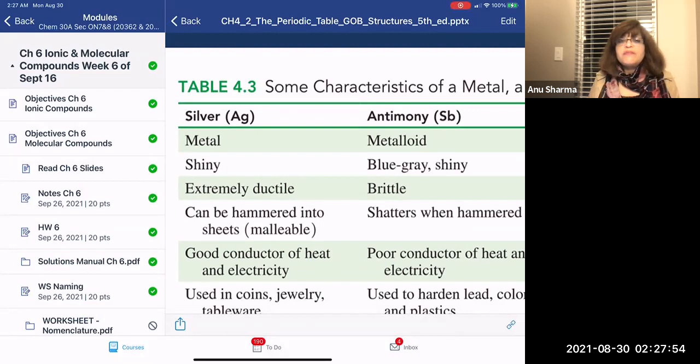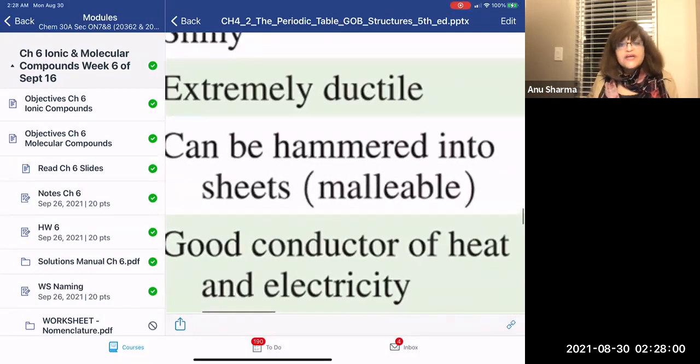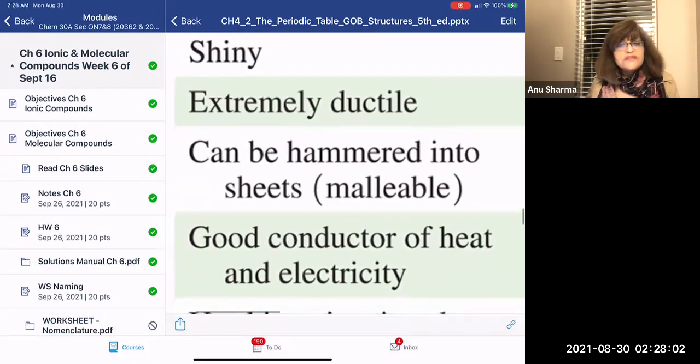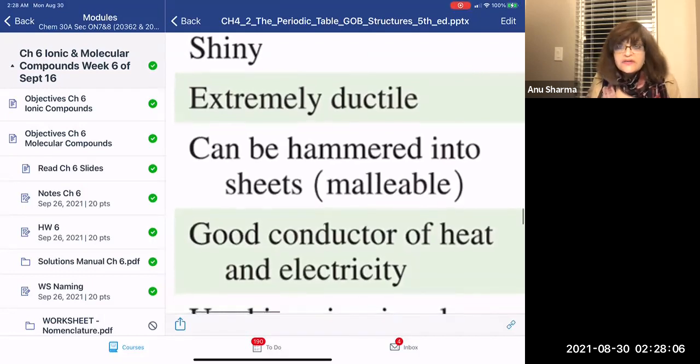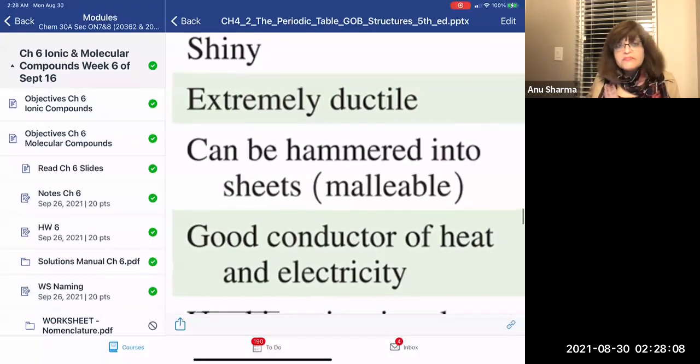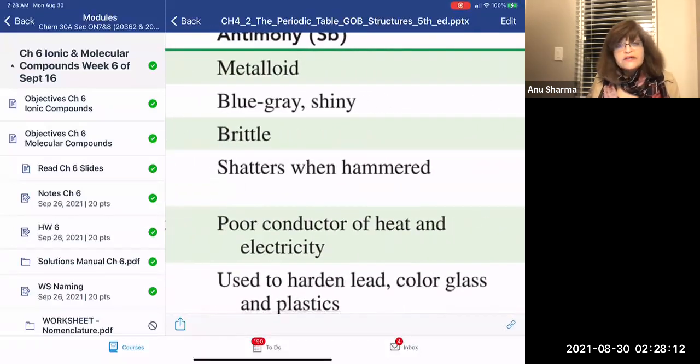You stretch them and they will break. On the other hand, you take a hammer and start beating the metals, then they convert into thin sheets. They don't break easily, but they flatten and become sheets. But the non-metalloids, they shatter. When you hammer them, they will just shatter, break into thin pieces.